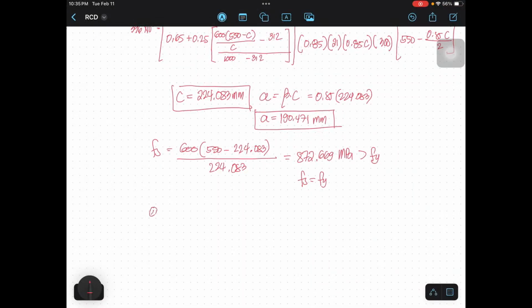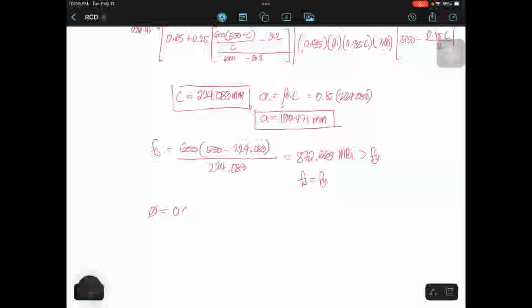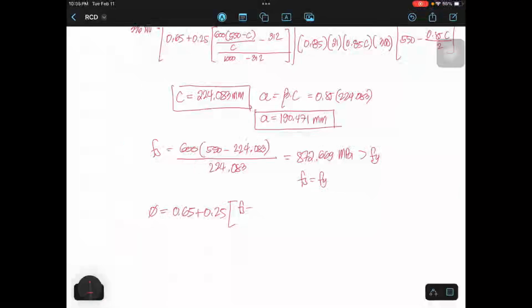Next, let us compute the reduction factor. We have 0.65 plus 0.25 quantity Fs minus Fy over 1,000 minus Fy.